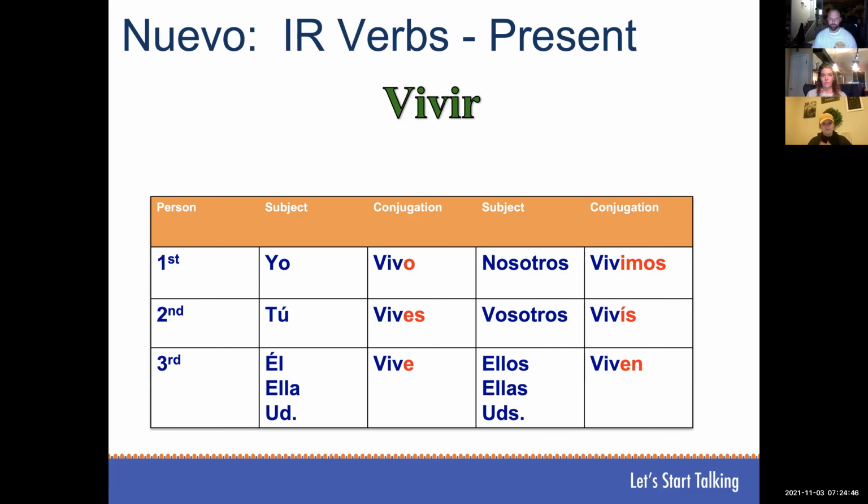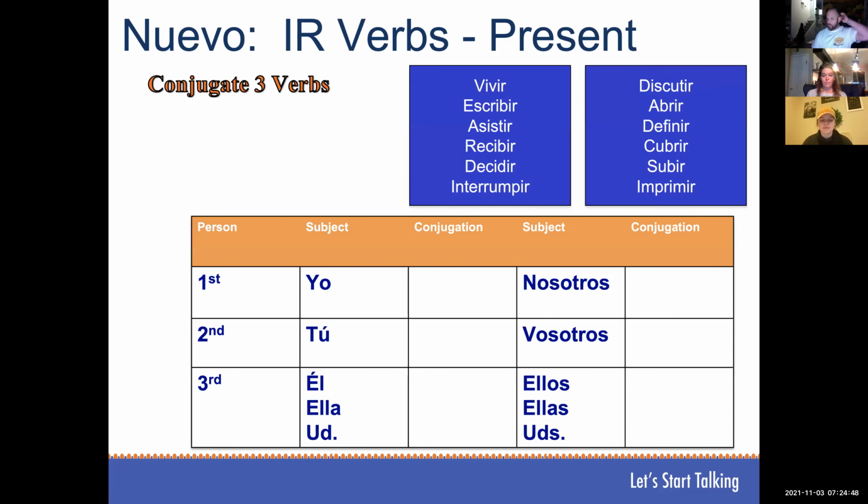Muy bien. Entonces, let's go through these verbs. Vivir, live. Escribir, to write. Asistir, assist. That's what everybody thinks. It's actually attend. To attend, like to go to class, to attend class, to go to a game.